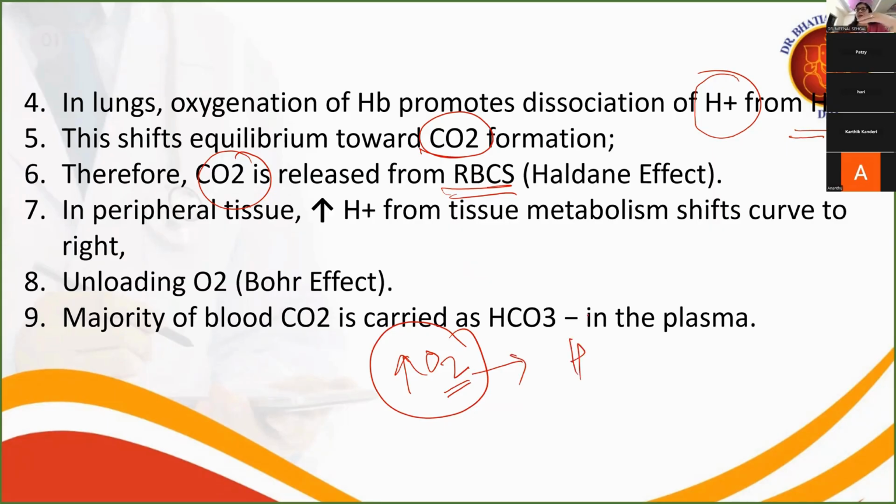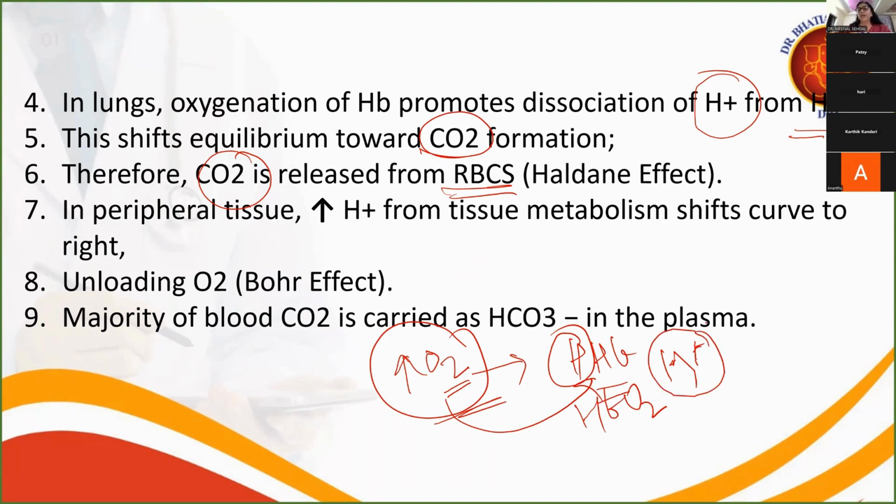The hemoglobin in the lungs is coming as the reduced form from the tissues, that is the HHb form. When it reaches the lungs and meets high oxygen, this H ion is released, and oxygen is bound and it becomes HbO2. And this H ion which is released combines with the HCO3 and releases CO2 in the presence of carbonic anhydrase, and the CO2 is then exhaled out, and the remaining H2O, the water, goes back into the blood.